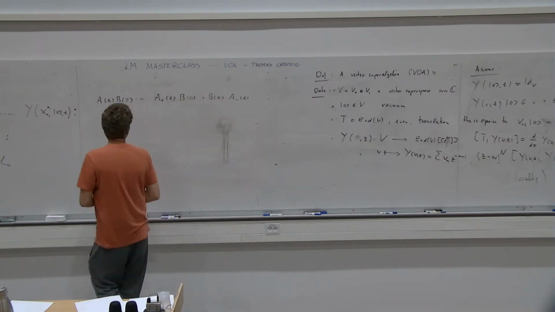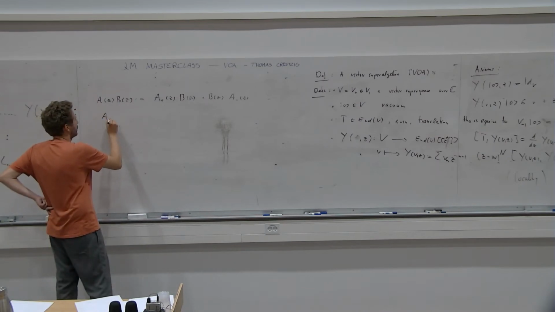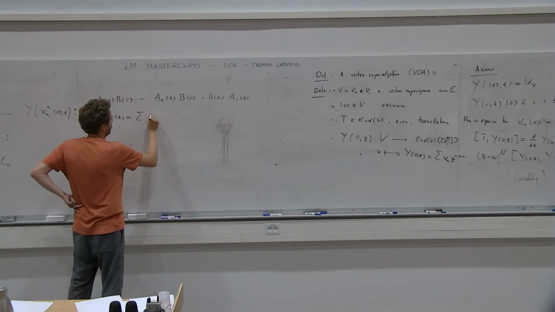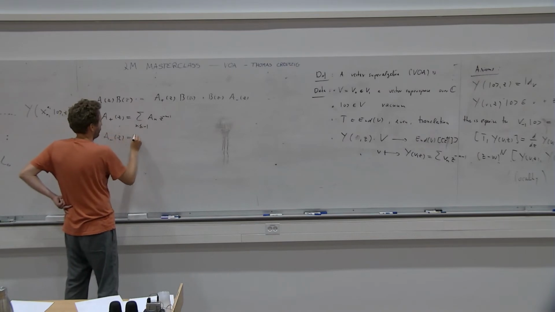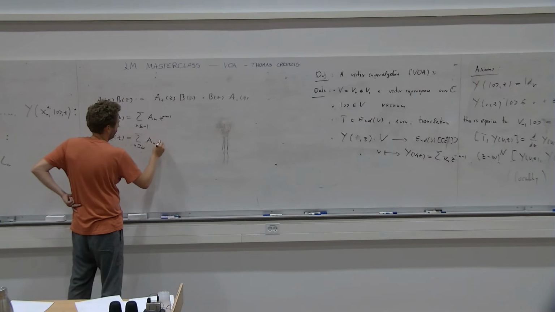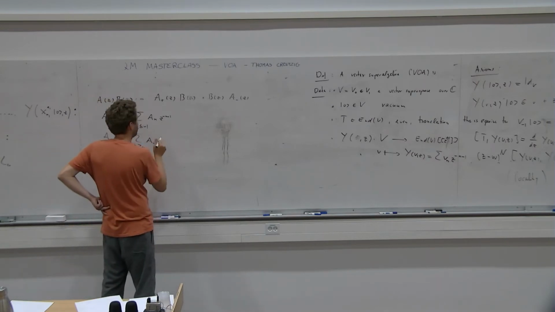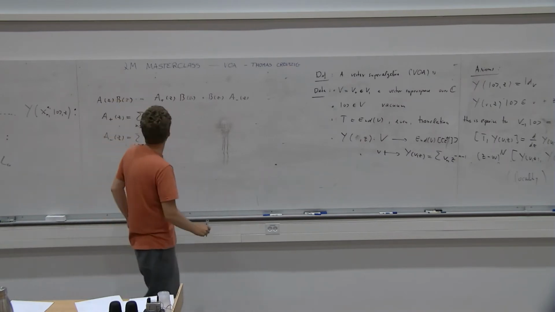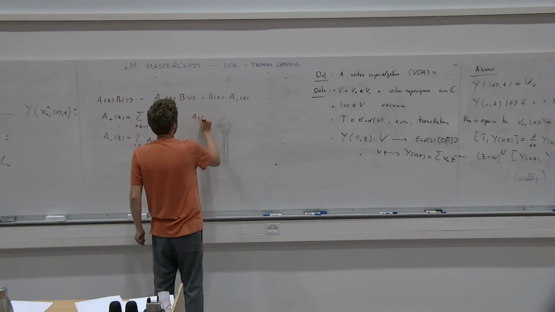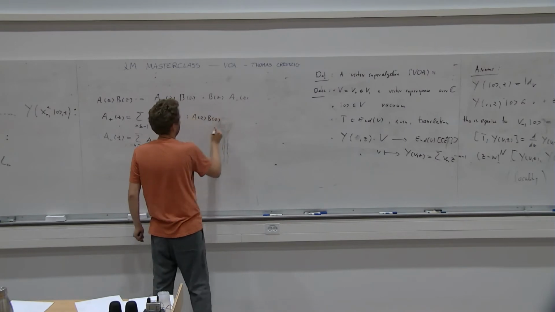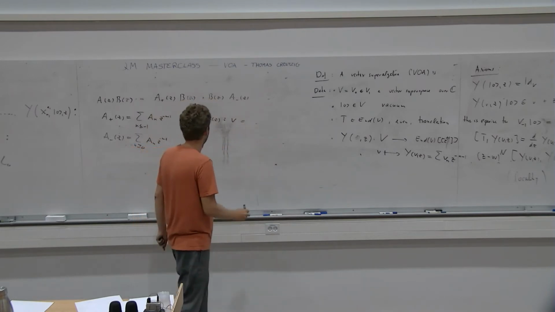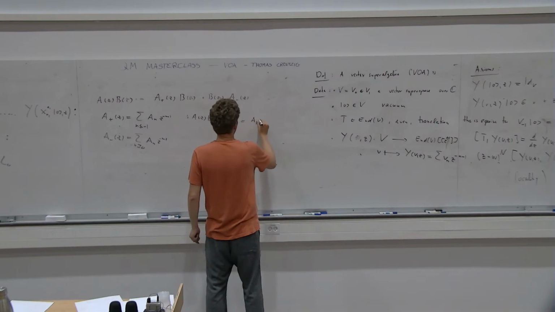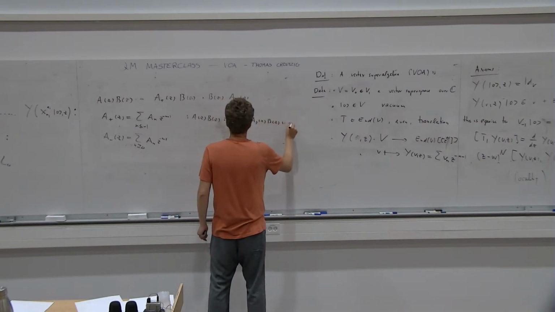And now let's write down what was A plus of Z, and now let's act with the normally ordered product on a vector in our VOA. I forgot the minus sign.